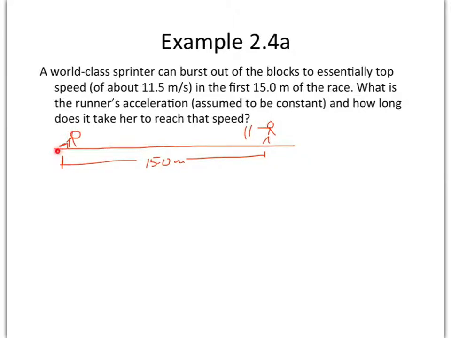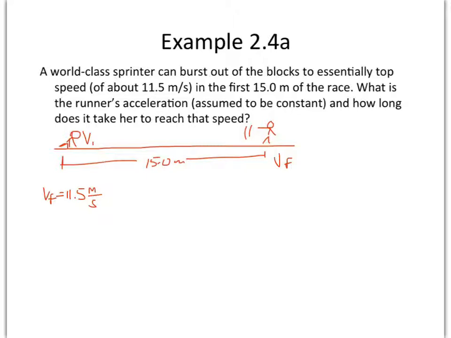So let's start writing down some of our knowns. Top speed of 11.5 meters per second. That's our final velocity, V final. V initial is going to be right there. Let's start writing these things down as sort of like a menu. V final equals 11.5 meters per second.